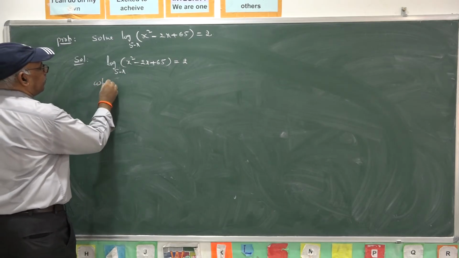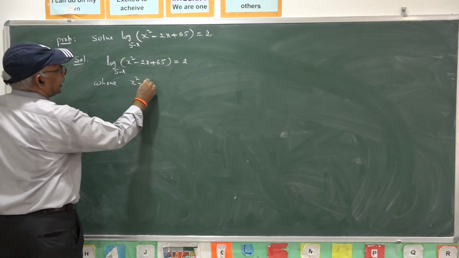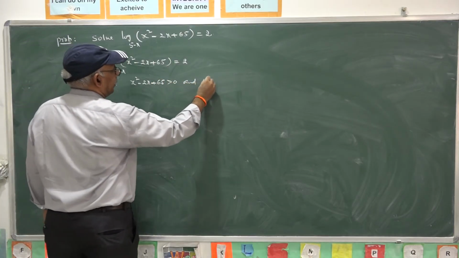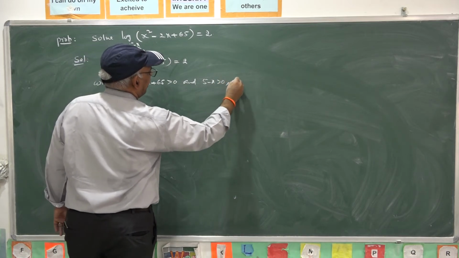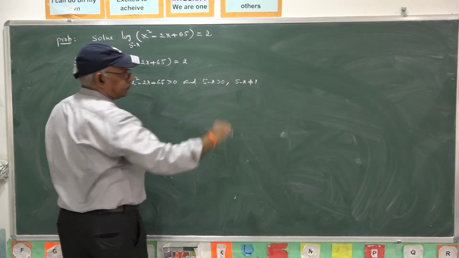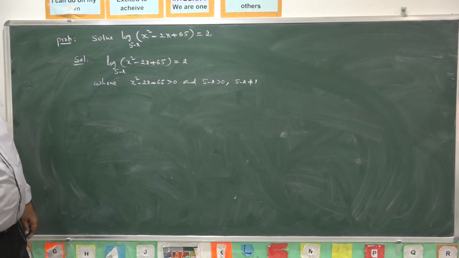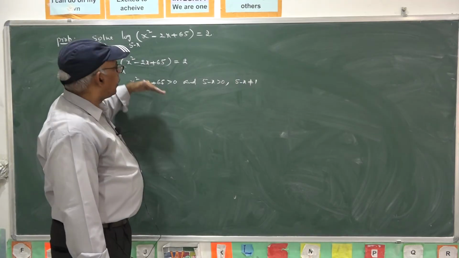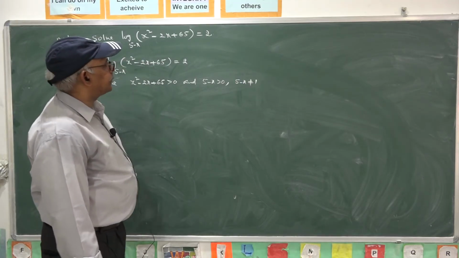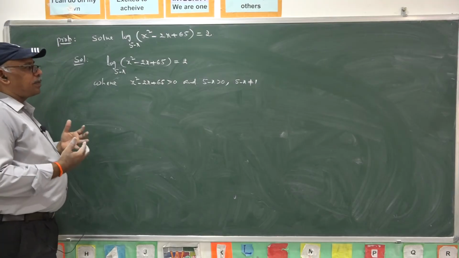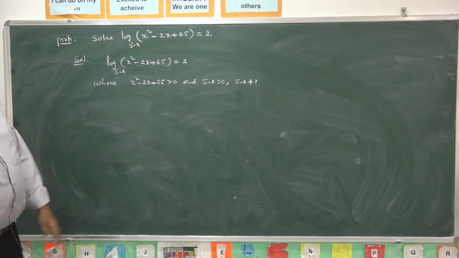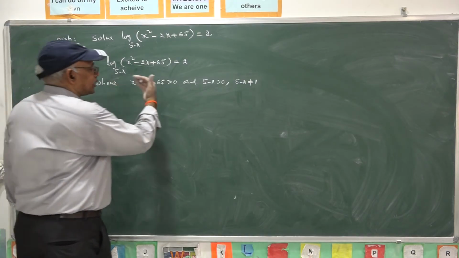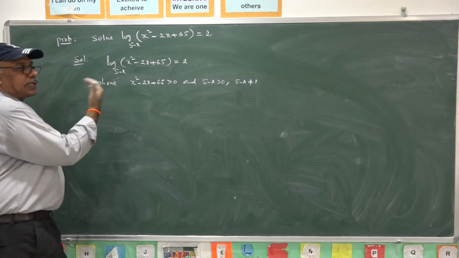So x square minus 2x plus 65 must be positive, 5 minus x positive, and 5 minus x not equal to 1. These are the conditions one should observe before solving the given equation. That means whenever we obtain values of x on solving that equation, you have to check whether they satisfy these conditions or not.